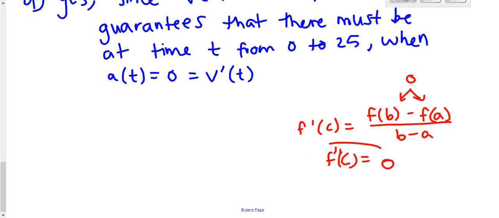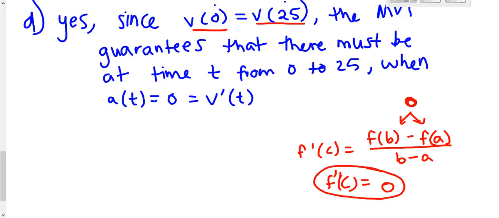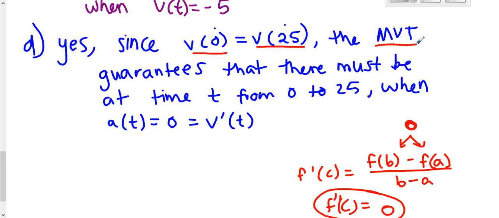It's equal to 0. Well, this is what we are using to say, wow, since we know that these two times on the velocity are equal to each other, when we subtract them with the mean value theorem, we will get 0 on the top.